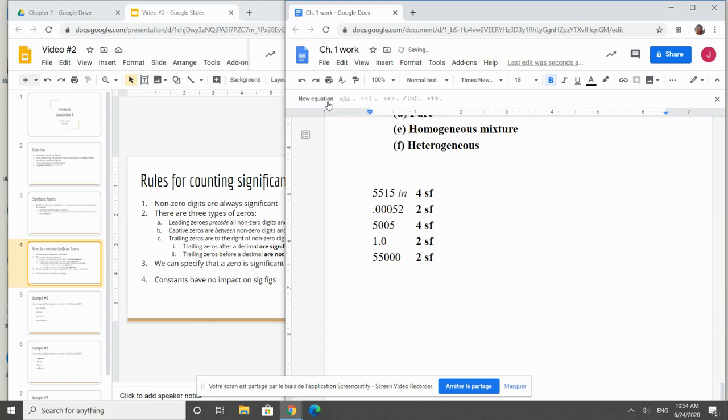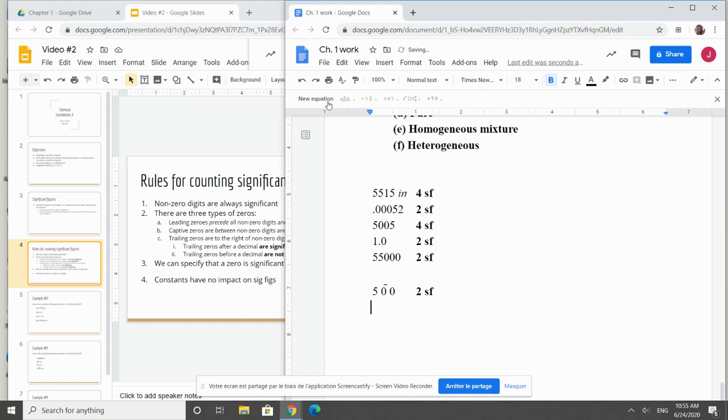Sometimes you're going to need to show that a 0 is significant. So the way that you do that is by putting a bar over it. Shows up kind of weird in Google, so that's why I'm putting spaces between it. So if I put a bar over it, it means 0 is significant. So this is 2 sig figs.